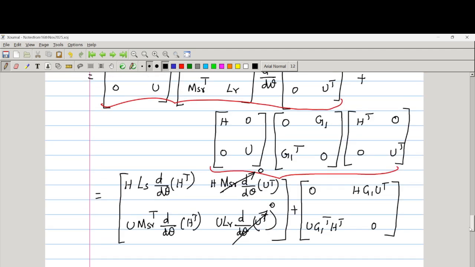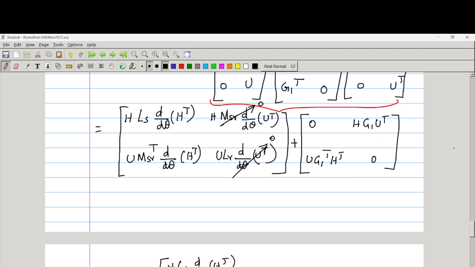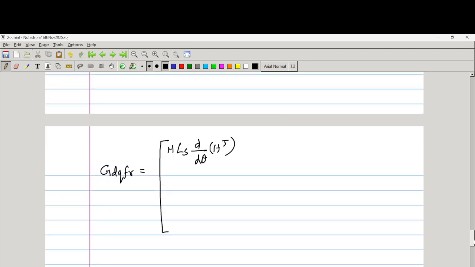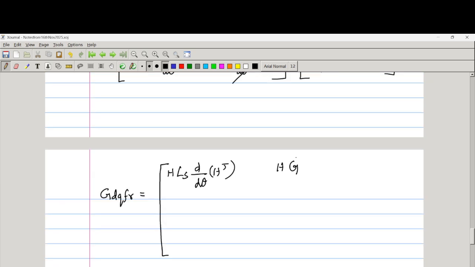Here we have to add this to this, right? We have to add this plus this, just matrix addition, right? When we do this, finally we will get MSR and we will get H G1 into U transpose.